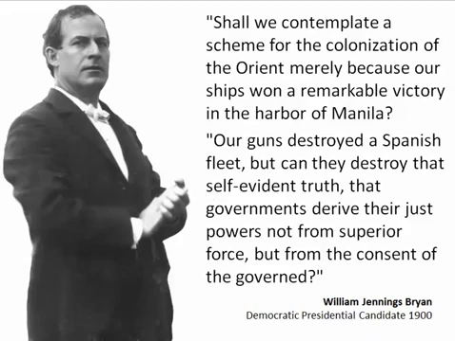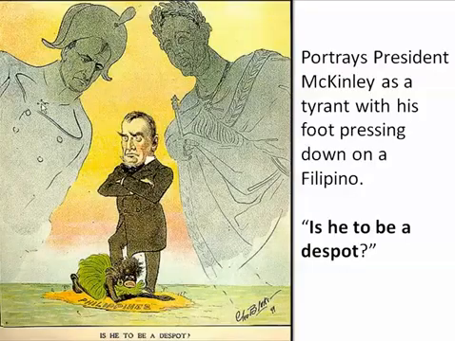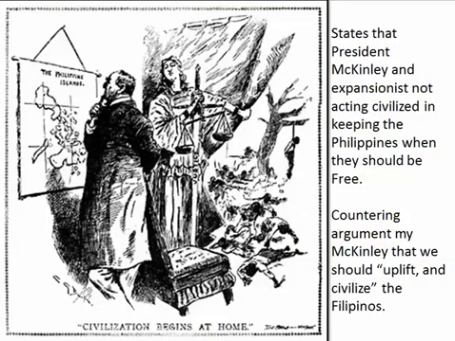So he opposes expansion. And here's a cartoon showing President McKinley with his foot on top of a Filipino, and it asks the question, is he to be a despot? And you have Julius Caesar over here and Napoleon Bonaparte here. And here's one where McKinley said we needed to civilize these people because they were not civilized.